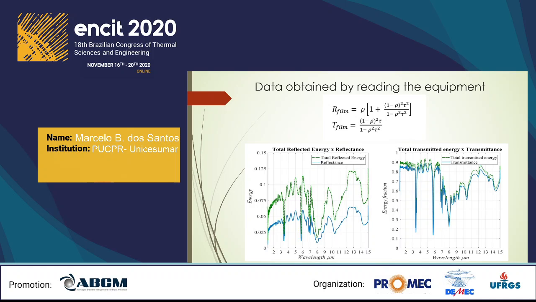First, we have the total of the energy reflected, this information is obtained from the machine, and we have the reflectance that is obtained by the application of the first formula. Another is the total of energy transmitted. This information is obtained from the machine sensor, and the transmittance is obtained from the second formula shown in this slide.